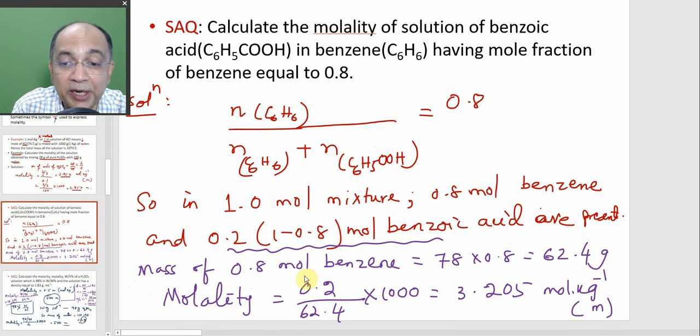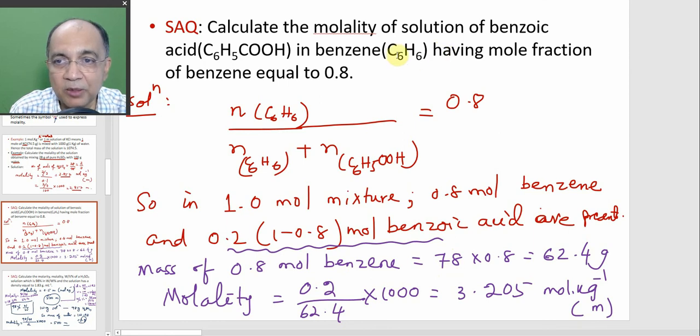Mass of 0.8 mole of benzene, because in the denominator for molality we have the mass, but in the numerator we have the moles. So we need not convert this 0.2 moles of benzoic acid into mass, because we need moles. Why convert it into mass? So this is 0.2, and the mass of 0.8 mole of the solvent benzene is 0.8 into its molecular mass.